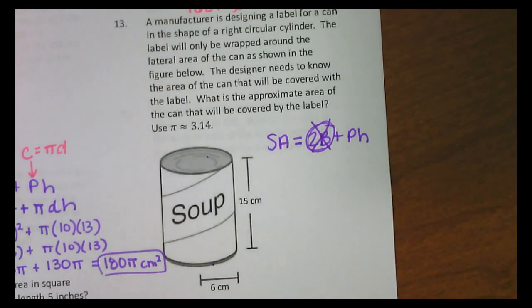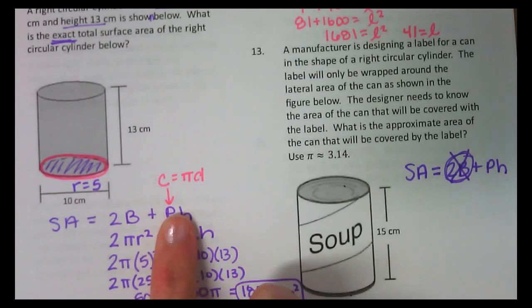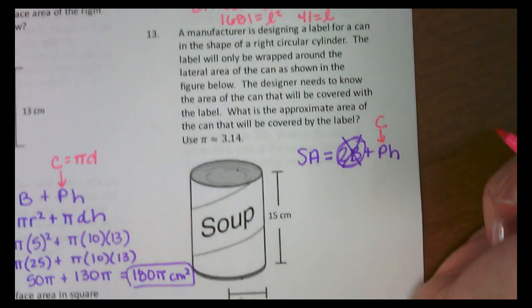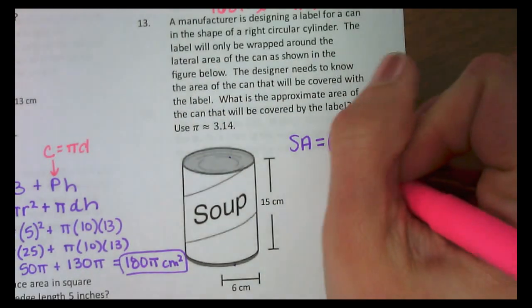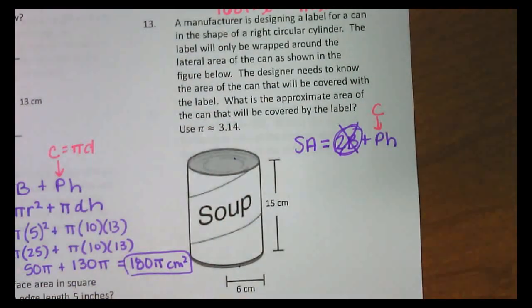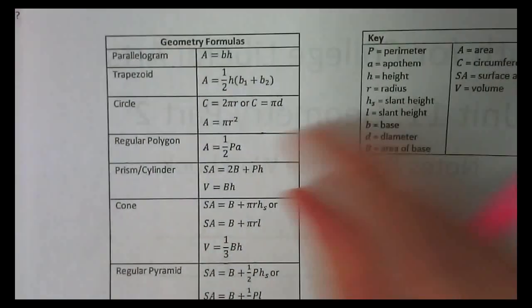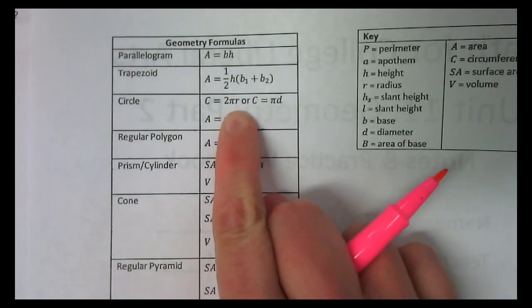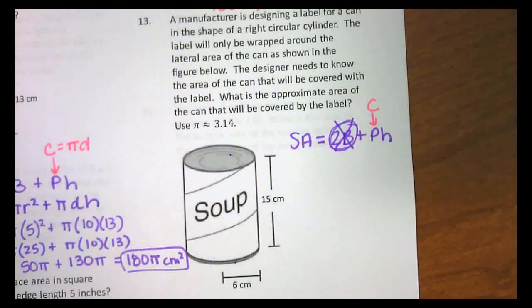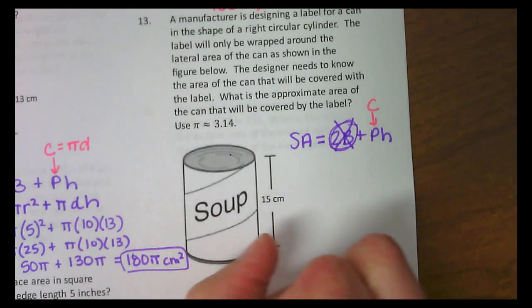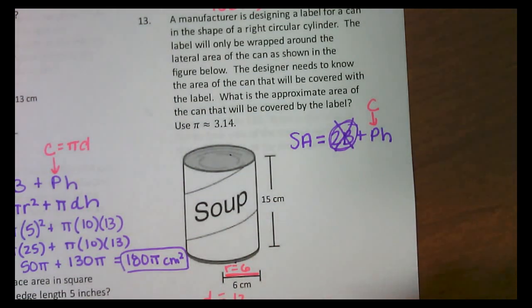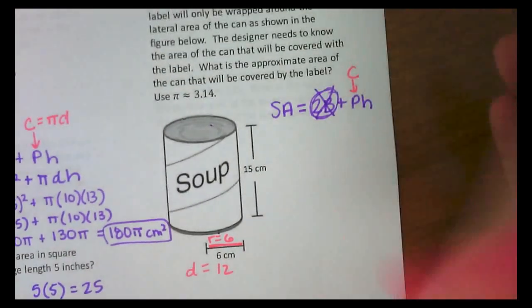Okay, P, like we said in the other problem, is circumference. So when I do circumference, according to my formula sheet, I can use 2 pi r or pi times diameter. It just depends what they give me in the problem. If I know my radius is 6, I know my diameter is 12 because it's double.